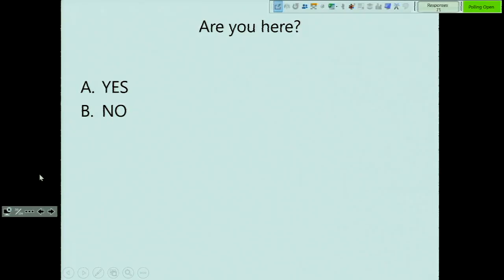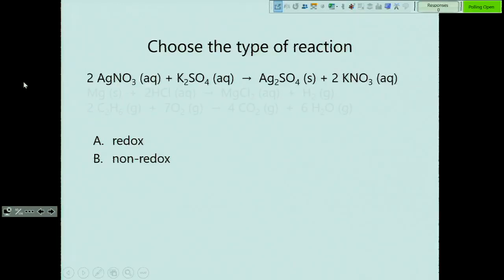All right. Let's answer some questions. So, redox or non-redox?